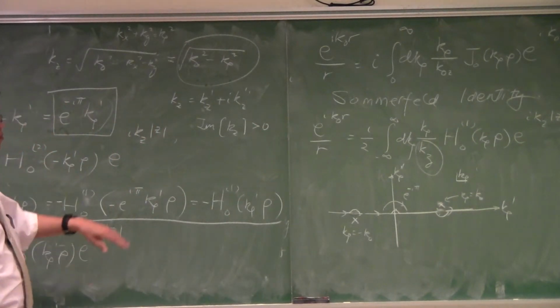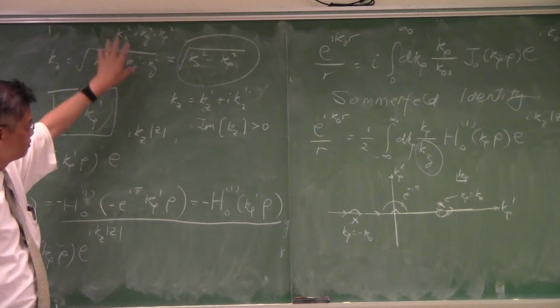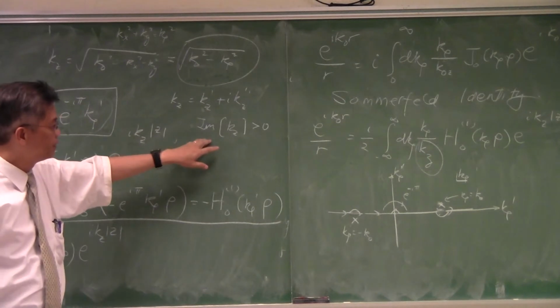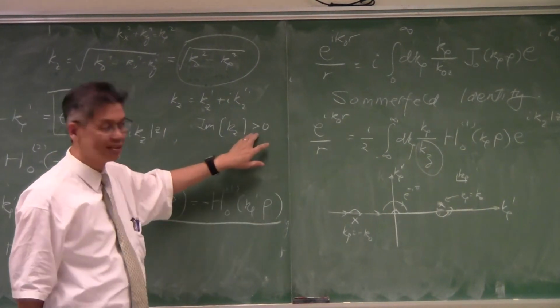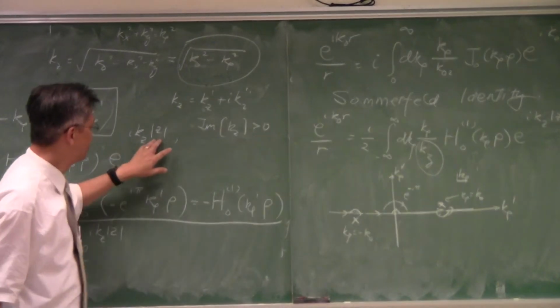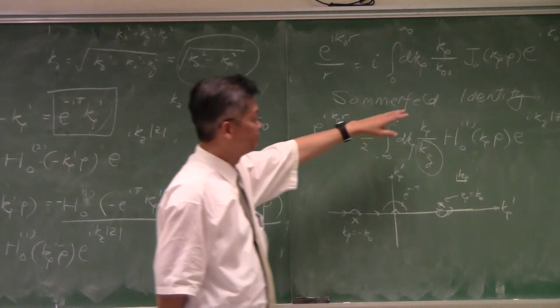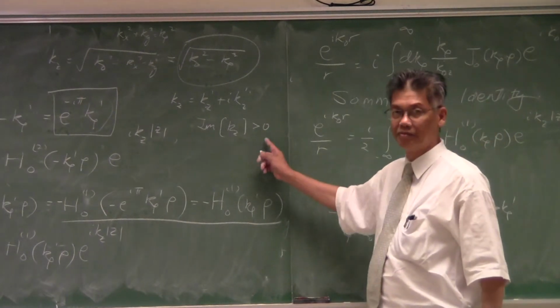If we pick that branch so the imaginary part of kz is larger than 0, then when z goes to infinity, this thing always becomes vanishingly small. You pick the wrong branch such that imaginary kz is less than 0, and when z goes to infinity, this thing becomes exponentially large. So the correct branch of the square root is that imaginary kz has to be larger than 0.